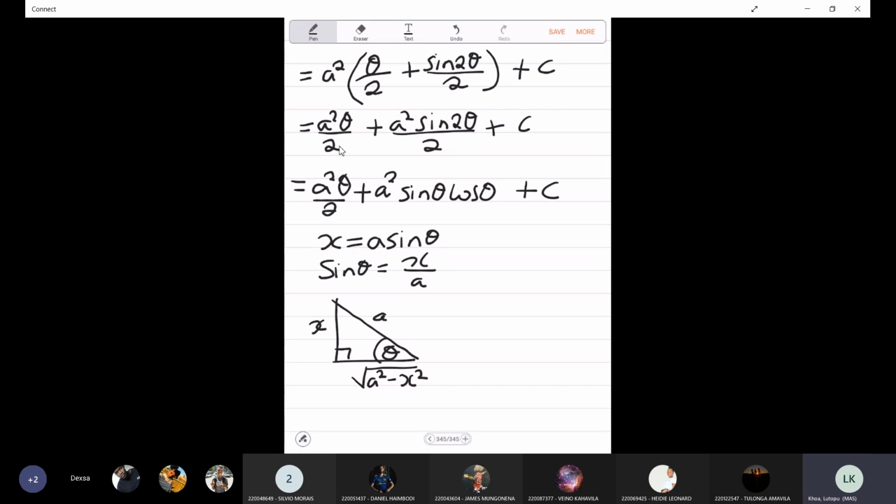So our integral is just a squared theta over 2 plus a squared. Sine theta here is x over a, so times x over a. And then cos theta, cos we know is the adjacent divided by the hypotenuse.